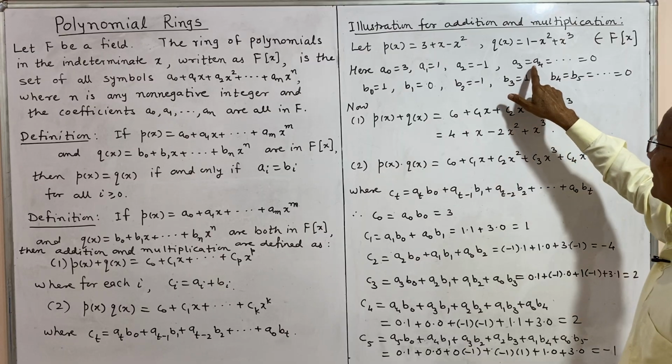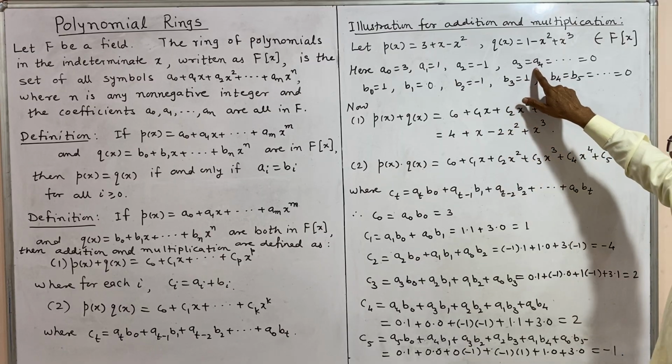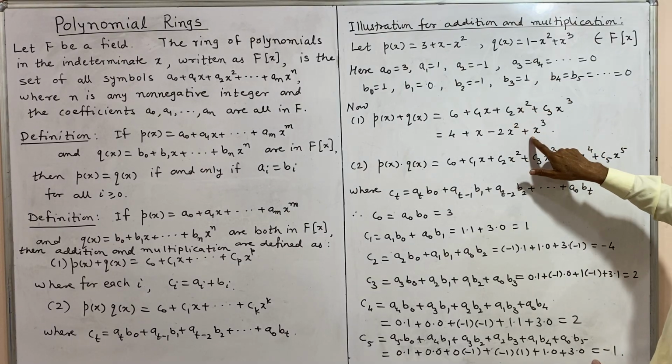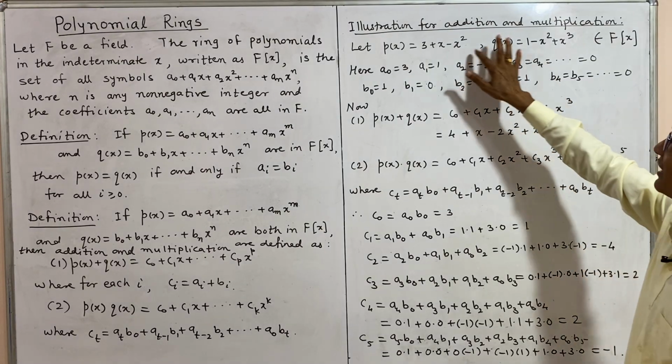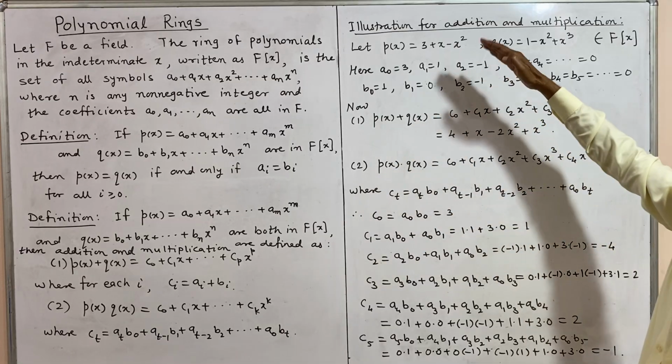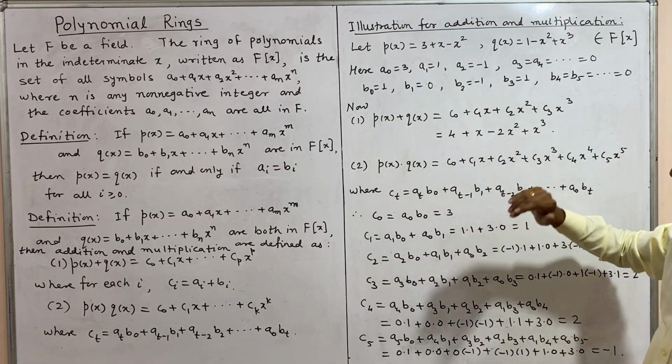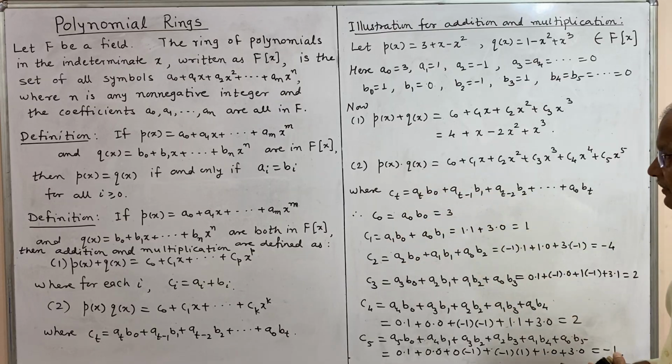C3 is A3 plus B3, A3 is 0, B3 is 1, and therefore C3 is 1 into x cube. This is addition of two polynomials, or we can add the similar power terms and get it easily. So this is usual. And now how is the product defined?